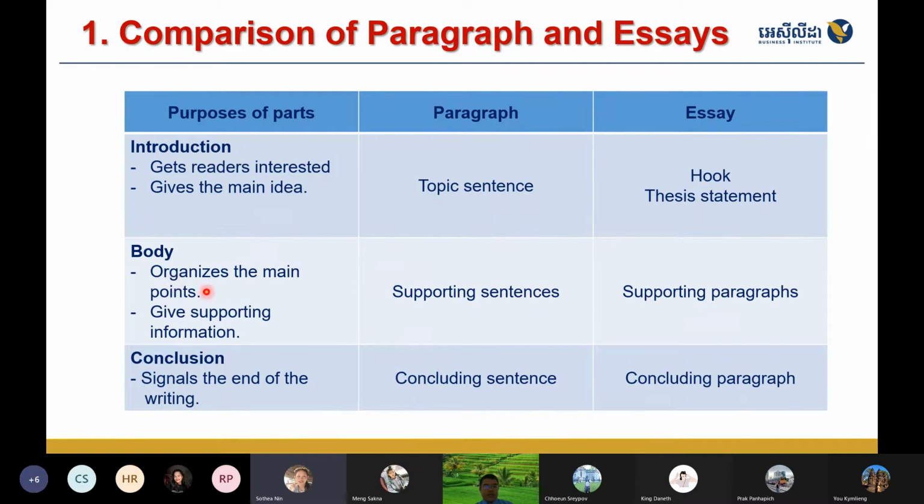Body: organize the main points, give supporting information. Supporting sentence, supporting paragraph. Conclusion: signal the end of the writing. Concluding sentence, concluding paragraph.